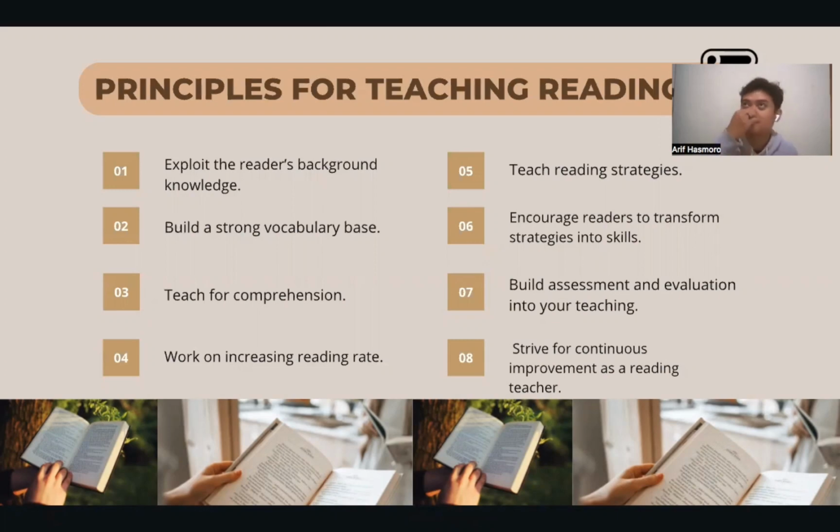So the readers at the beginning learn about one strategies, and then they learn more and more, and then strategies transform become the skills. So they apply the skills unconsciously, so they can use the strategies but already transform into skills that they already can use over time.